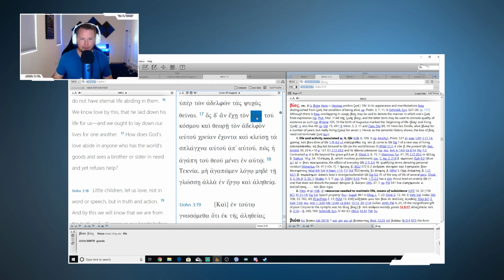But it's what you do with it. The resources of the world, and whoever has and sees, third singular present active subjunctive.